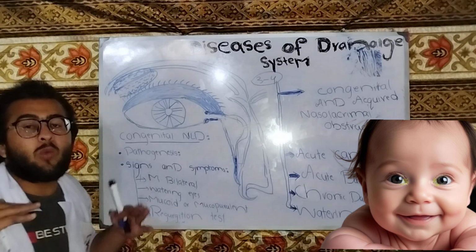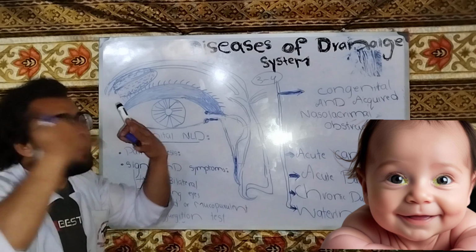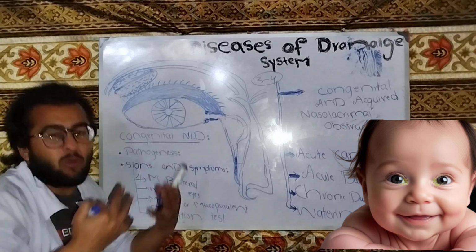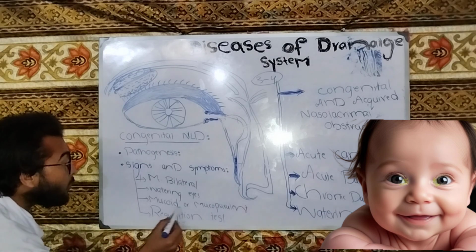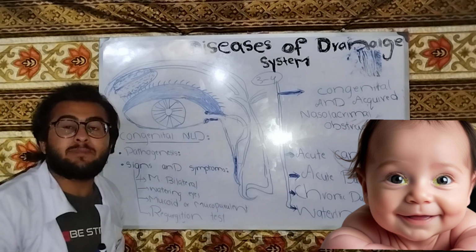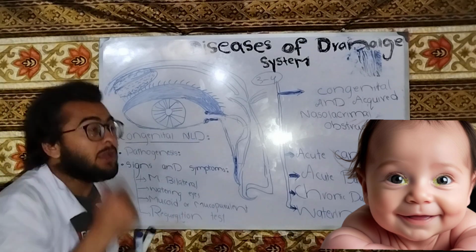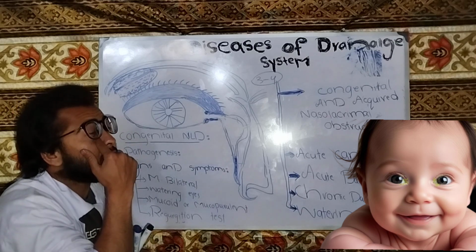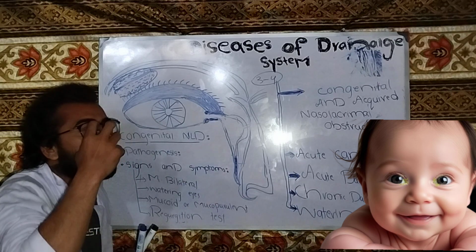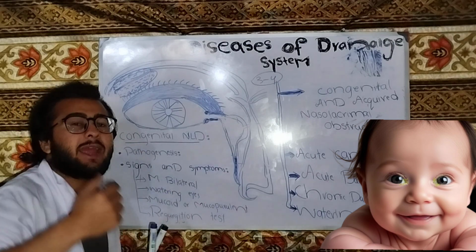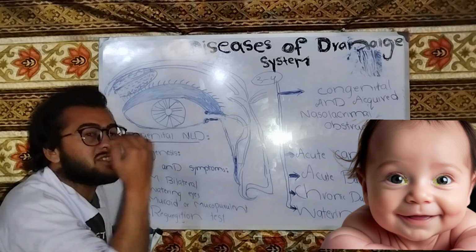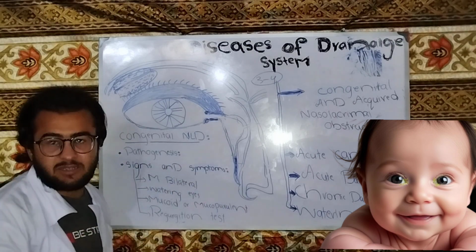He will present with watering eyes. There will be lacrimation, epiphora-like symptoms. So there will be watering eyes, and there will be mucopurulent or mucoid discharge, which will be adherent to the eyelashes and to the lid margins in the medial canthal regions.